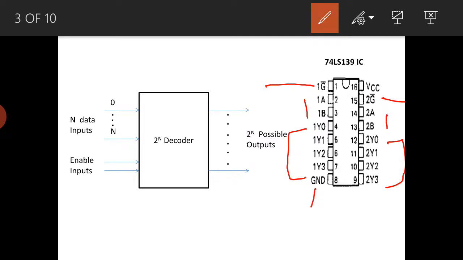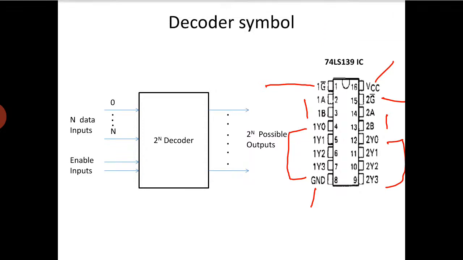This is ground and this is VCC. So we can call this a dual 2:4 decoder. This is how the input and output signals are organized with the pin numbers.